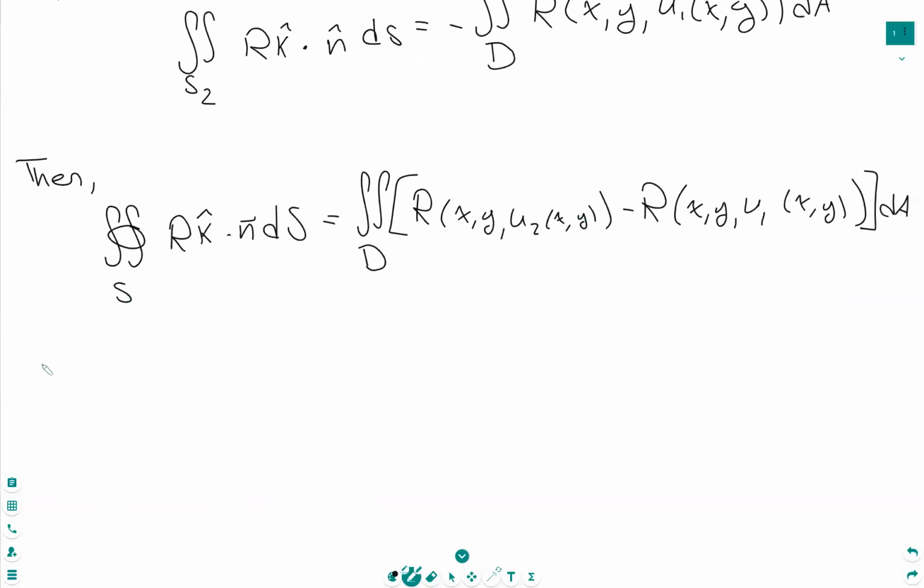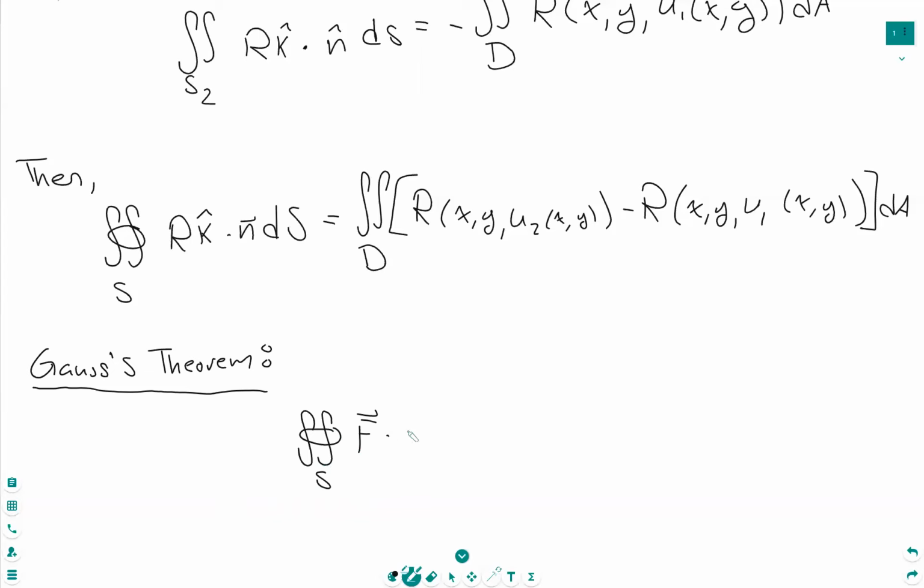So Gauss's theorem, man, I cannot do good lines today, is that the closed surface area integral that calculates the flux through the surface of the vector field F can be rewritten as the volume integral over the enclosed volume of the divergence of f.